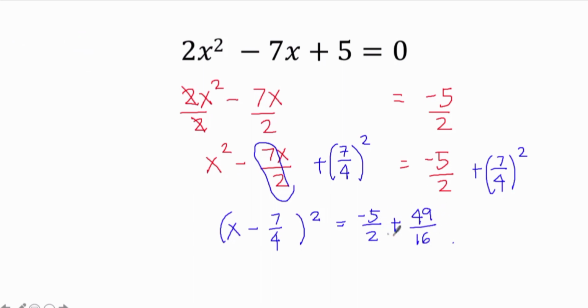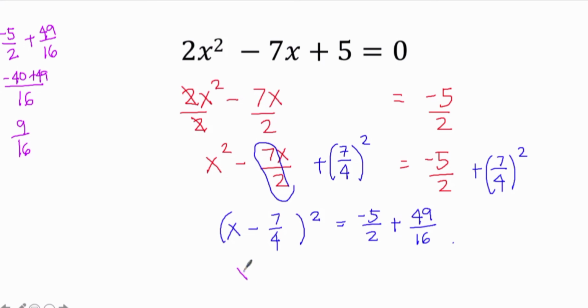And then let's compute this part. We have negative 5 over 2 plus 49 over 16. The least common denominator is 16, so 16 divided by 2 is 8 times negative 5 is negative 40. 16 divided by 16 is 1 times 49 is 49. So we got 9 over 16. So this part is 9 over 16.